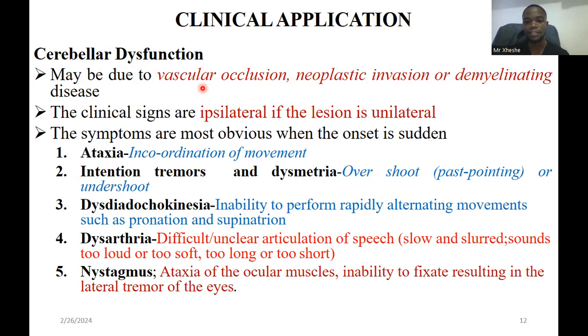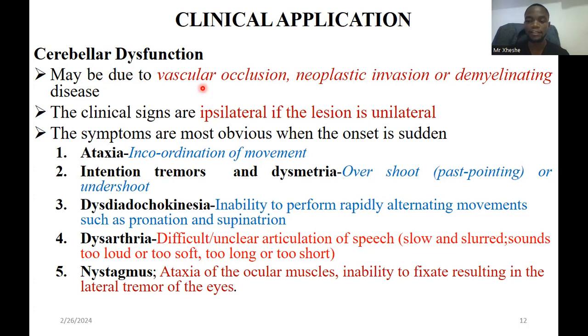For example, multiple sclerosis, where myelin sheath is removed. Okay. Sometimes it's due to toxic substances. Maybe someone ingested a drug or was administered a poison that affects the cells of the central nervous system that achieve myelination. So that causes short circuits in the brain and interferes with coordination and tone of muscle during balance and motion. All right, now we're saying damage to the cerebellum usually is unilateral.